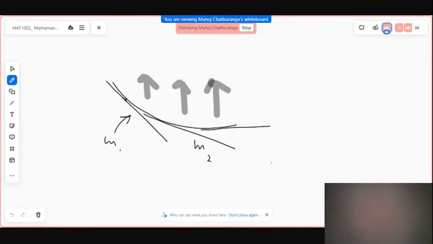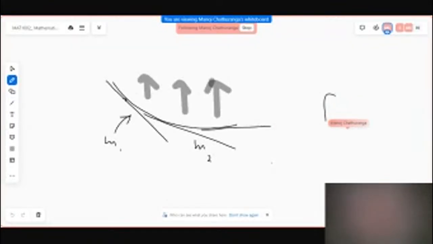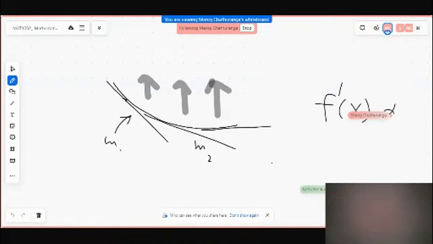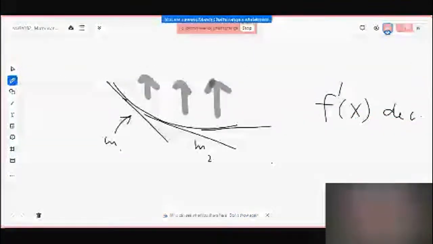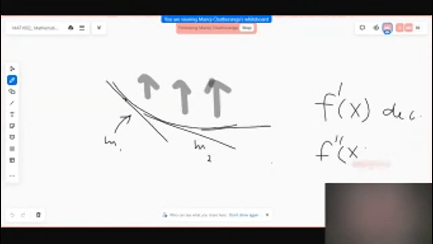So for a concave up graph, as we move forward, the slope gets smaller and smaller. So that means the slope is decreasing. Decreasing means if I take the derivative function, it must be negative.